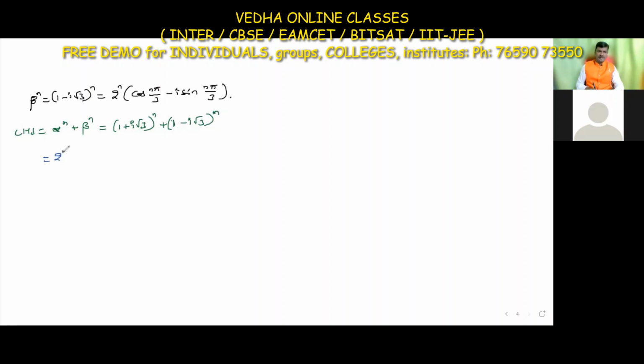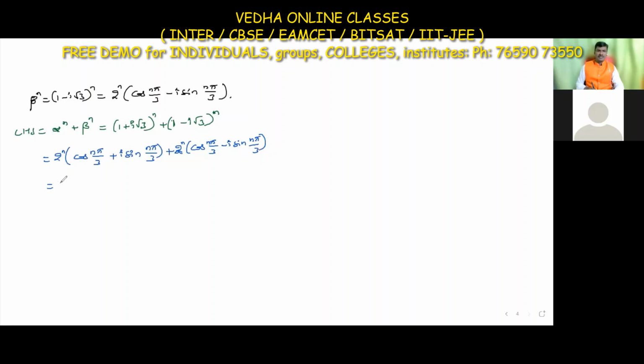Alpha power n is 2 power n into cos n pi by 3 plus i sin n pi by 3, plus beta value 2 power n into cos n pi by 3 minus i sin n pi by 3.